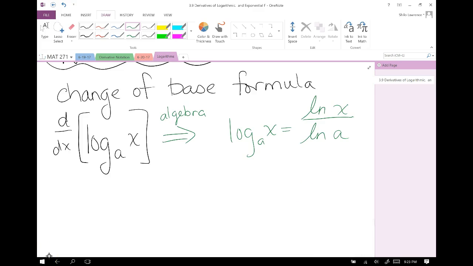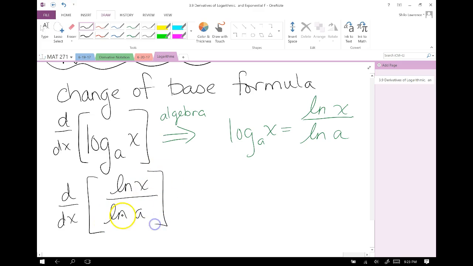So now that we have it rewritten as a natural log, if we try to take the derivative, natural log of a is just a number. Technically, dividing by natural log of a is the same as multiplying by 1 over natural log of a.